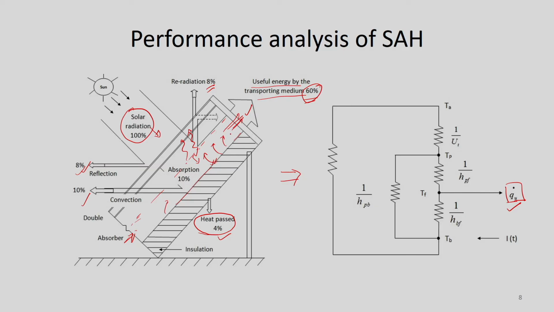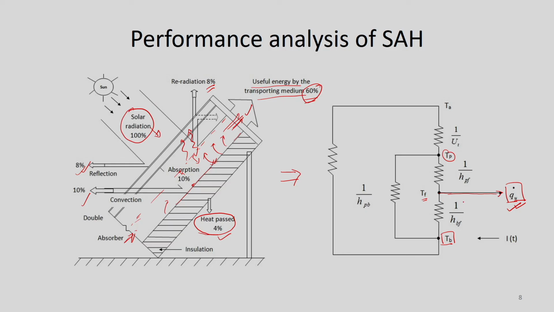Okay? So, if we consider T_b is the mean temperature of this back plate, and T_p is the mean temperature of this plate, and in between fluid is flowing. So, this is the useful heat gain. So, fluid temperature is maybe T_f at a particular section or particular point.